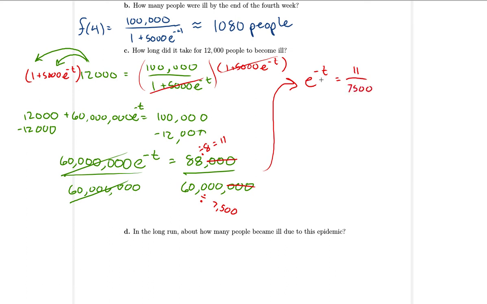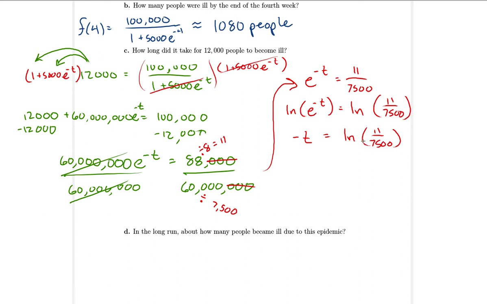But then from here, we know how to deal with this, right? We can take the natural log of both sides. So we end up with negative t is equal to the natural log of 11 over 7,500. And remember, this is a negative number, because you're taking the log of something smaller than 1.